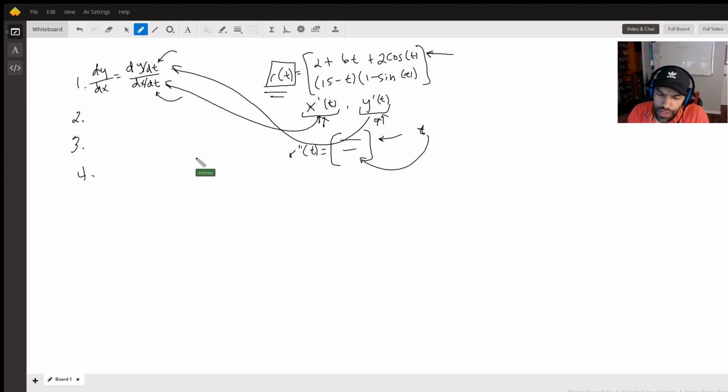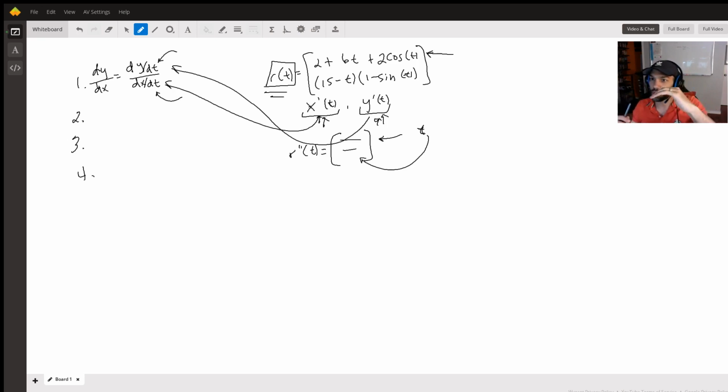So moving on to number 4, it's asking the speed when the skier is at max height. If we think about x and y in real space, x is the horizontal component, y is the vertical component. So it's basically asking when is y the highest. If you're familiar with optimization problems, this is similar to asking what is the maximum of the y component.